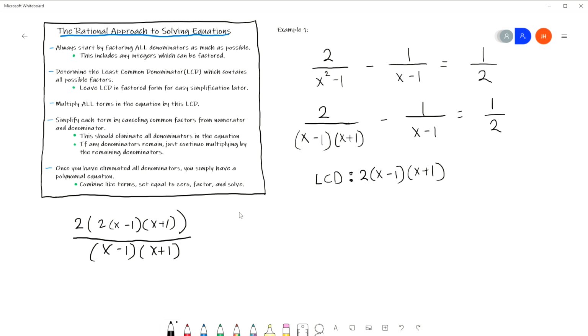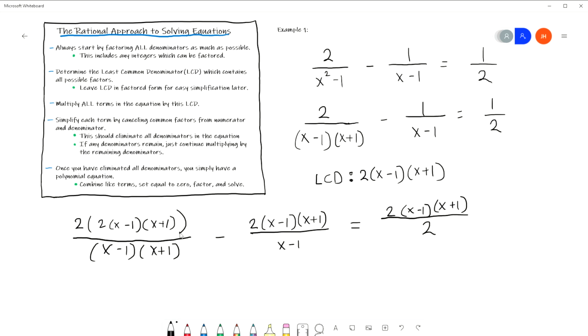I'm going to do the same thing over here to the minus 1 over x minus 1. So that would leave me with 2 times x minus 1 times x plus 1 on top, all over the x minus 1 on bottom. And on the right hand side, I have 1 times this, so I would get 2 times x minus 1 times x plus 1, all over 2.